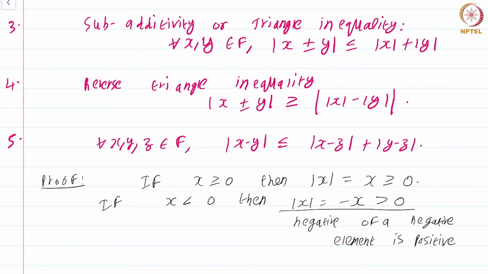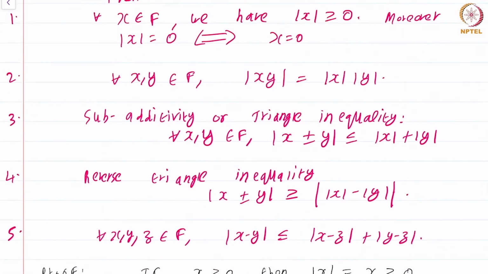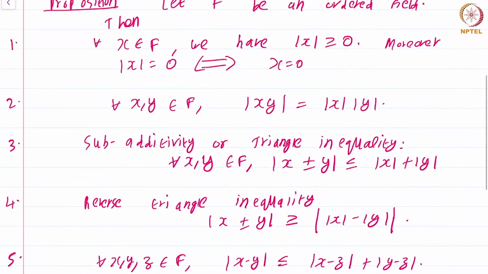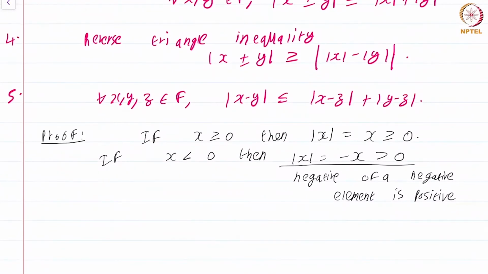Now let me make a remark here. Here the proof is what is known as a proof by cases. We want to prove something, more precisely we want to prove that mod x is greater than or equal to 0, irrespective of what x is. What we do is we split into two cases. The first case is when x is greater than or equal to 0. The second case is when x is less than 0.